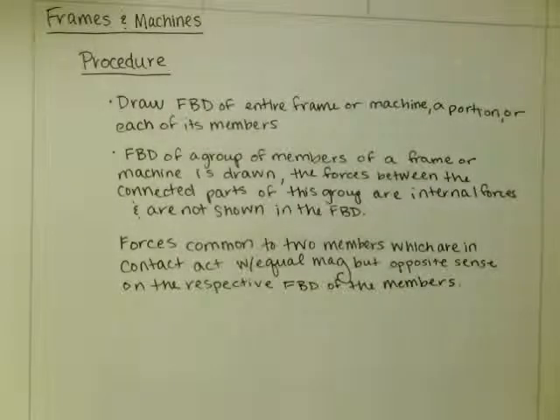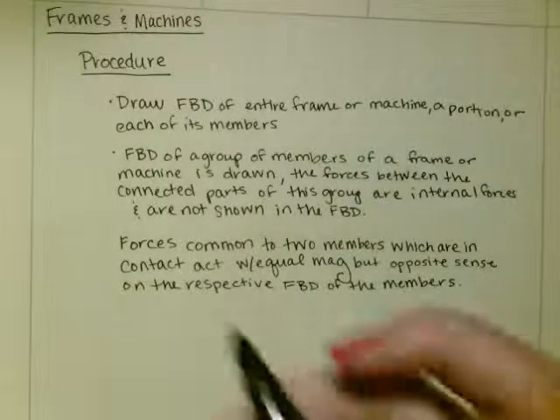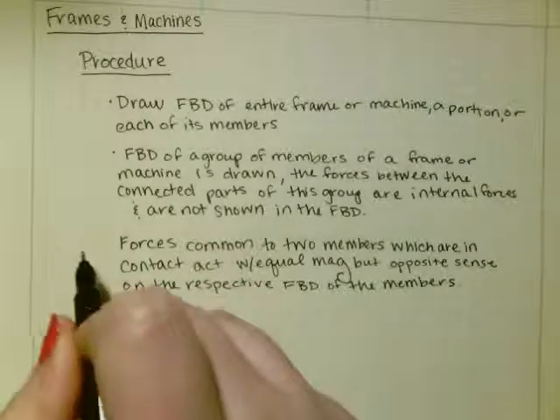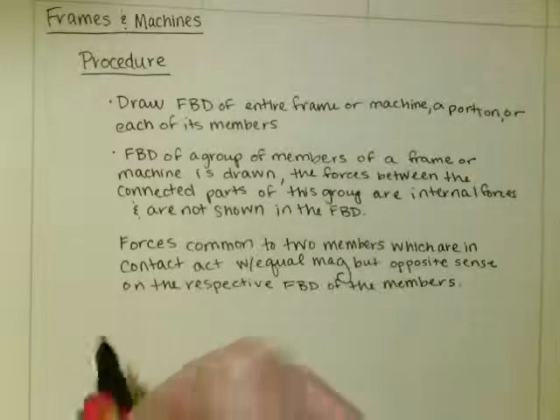That's like what we saw when both the members were drawn, a free body diagram of each. The pinned connection B was going positive in one direction on one free body diagram and negative in the other, equal and opposite.